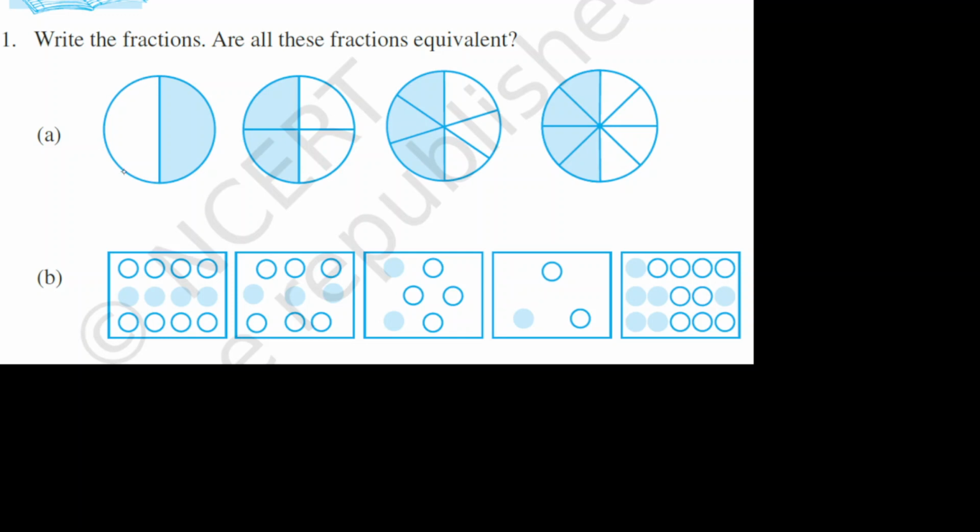Here the circle is divided into two equal parts. Let me write the fraction for this. The fraction becomes 1 upon 2, because there are two equal parts and one part is shaded, so we are writing 1 by 2.